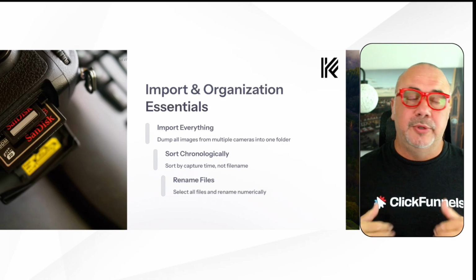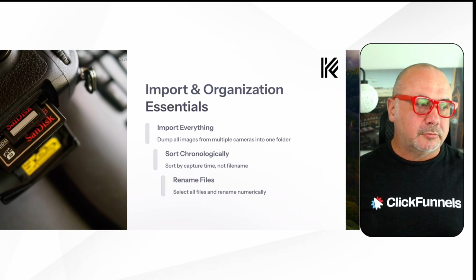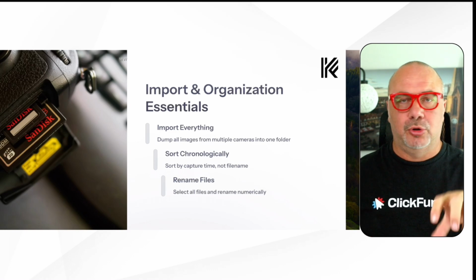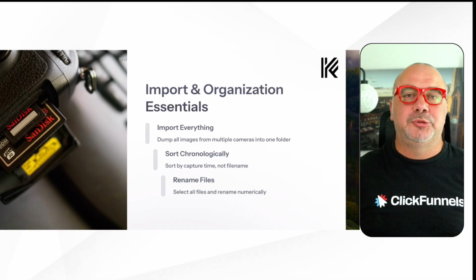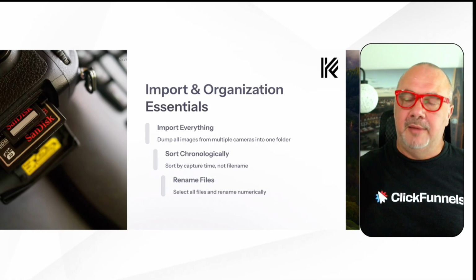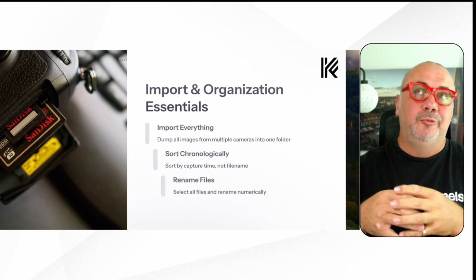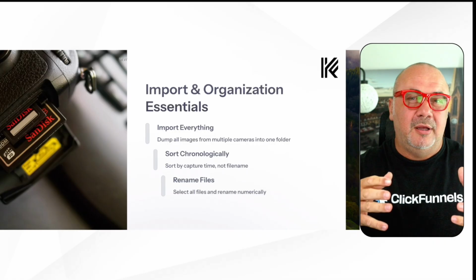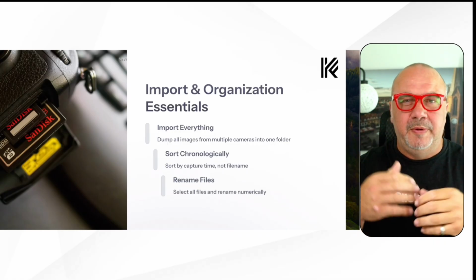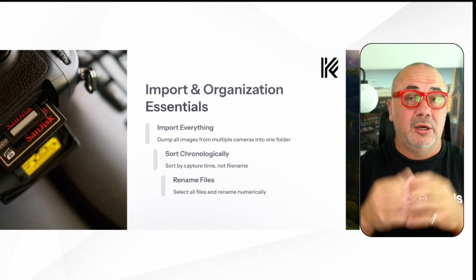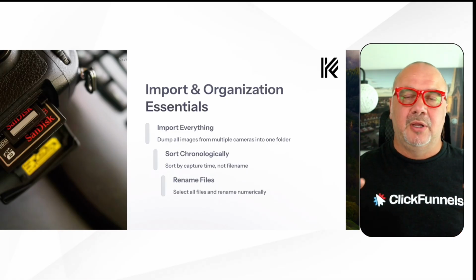Then what I do is I sort images chronologically, because a lot of times, especially when we're using 2 cameras, sometimes 3 cameras, I dump all images into one folder. So you pretty much have 3 sets of images in there using different file names. And sometimes when you open Photo Mechanic, depending on how it's sorted, which you're going to see in a second, it's masked.